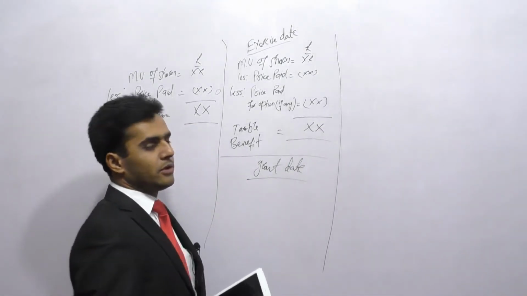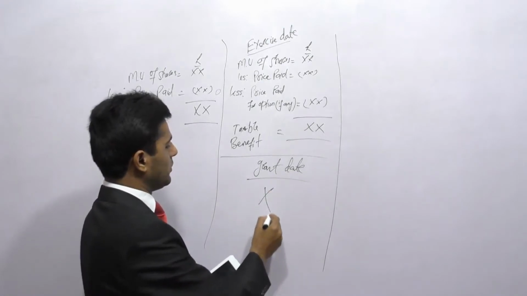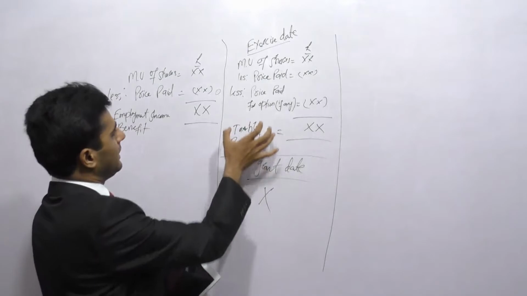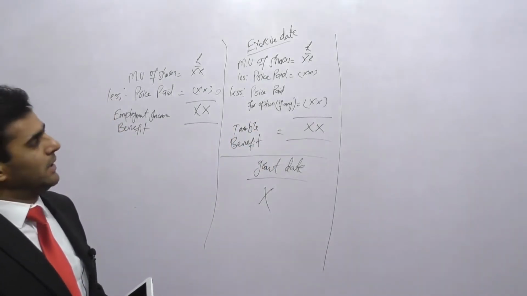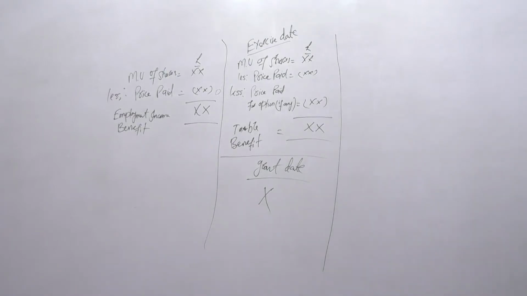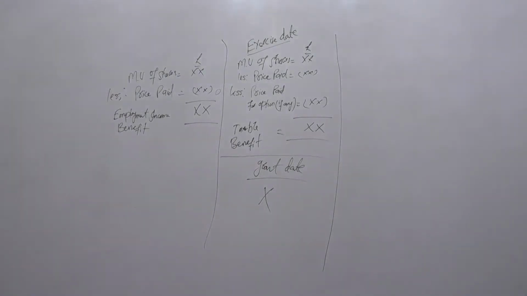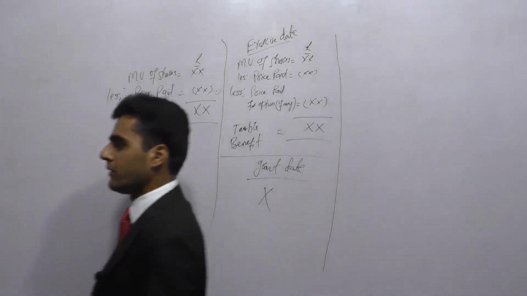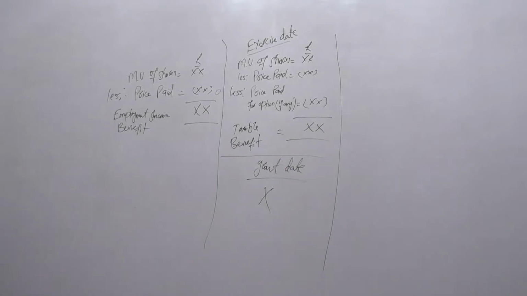On the grant date, there is no tax benefit, so we don't have to do anything. However, on the exercise date, there will be a tax benefit. So to calculate it, we take the market value of the shares and deduct the price paid for the shares and the price paid for the options, and the net amount is going to be our taxable benefit, our employment income benefit.